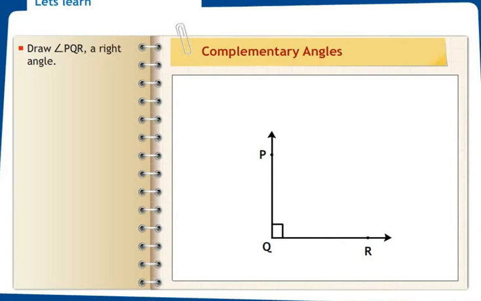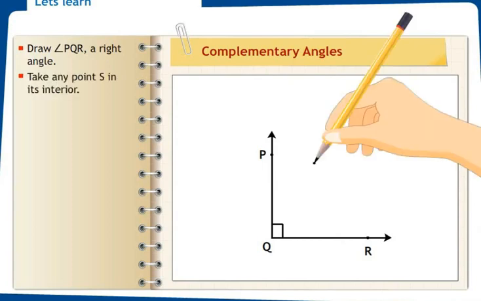It is said to be a right angle, and you can see there is a rectangle indication shown inside the angle. Children, always remember that rectangle indication explains that it is a right angle.